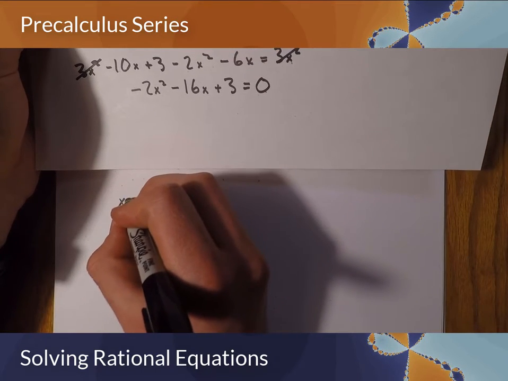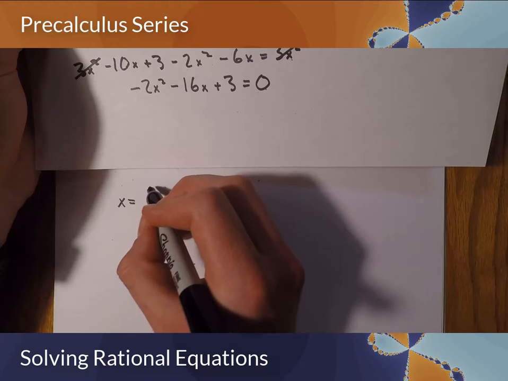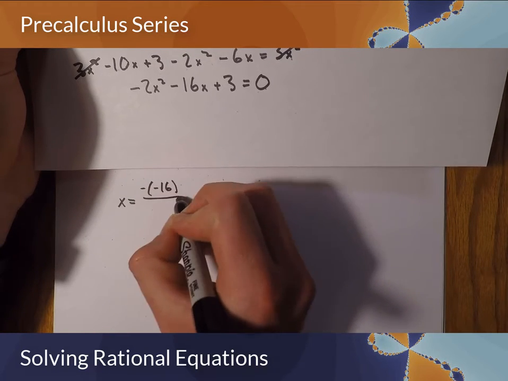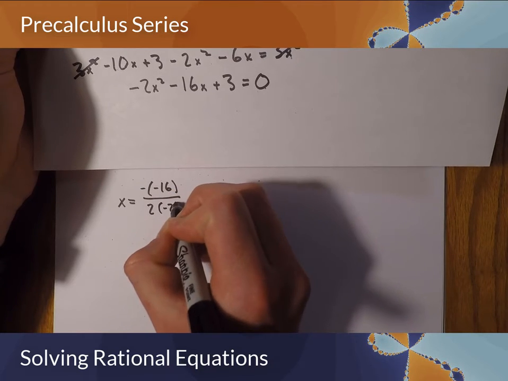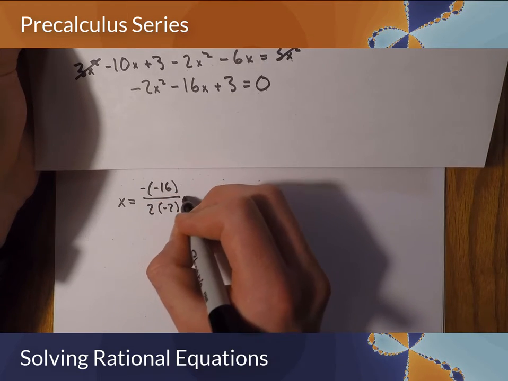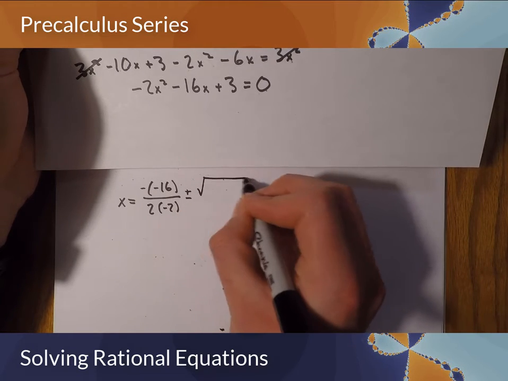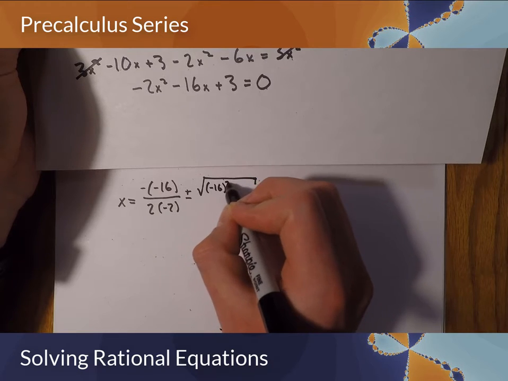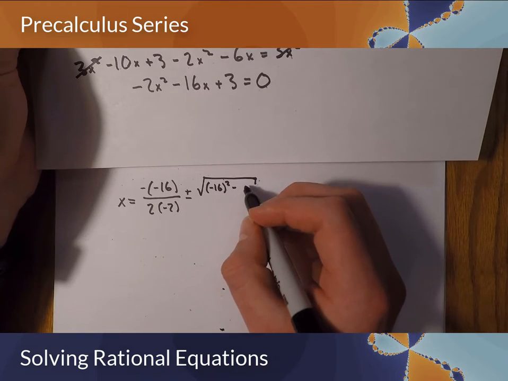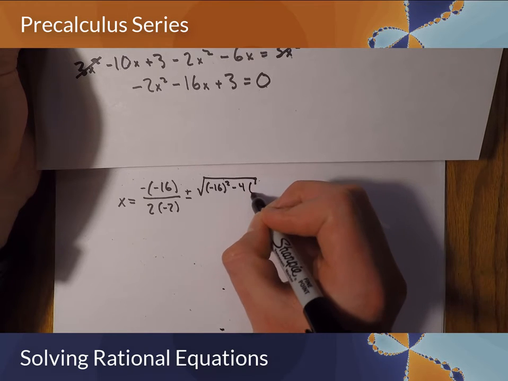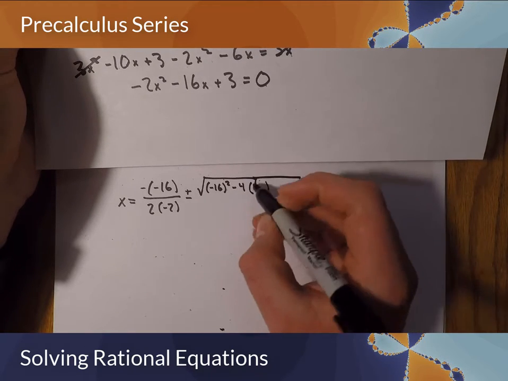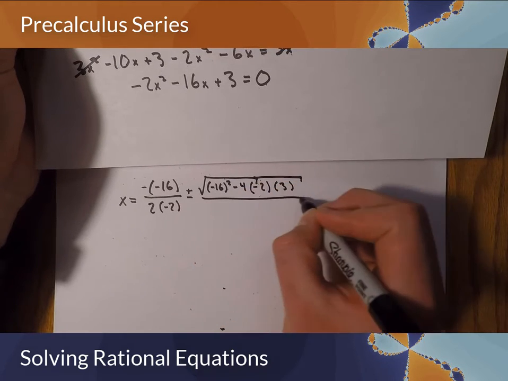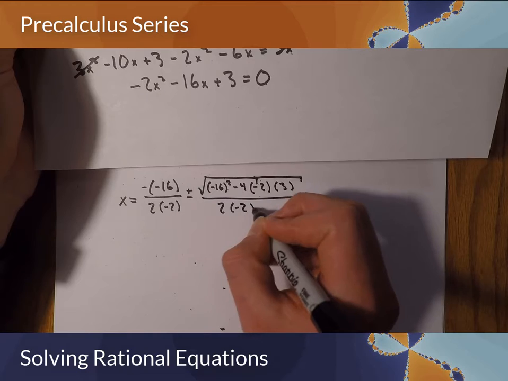So we find that x equals negative b, so this is negative negative 16, over 2a, so 2 times negative 2, plus or minus the square root of b squared, so negative 16 squared, minus 4 times a, negative 2, times c, which is 3, all over 2a, so 2 times negative 2.